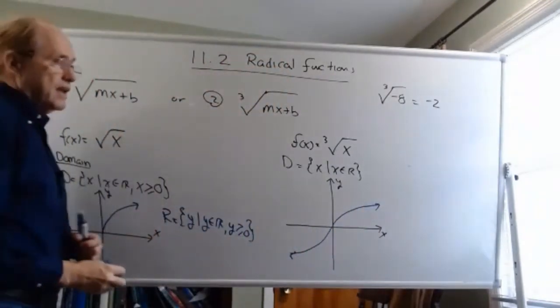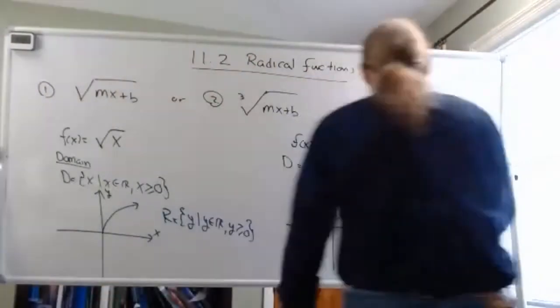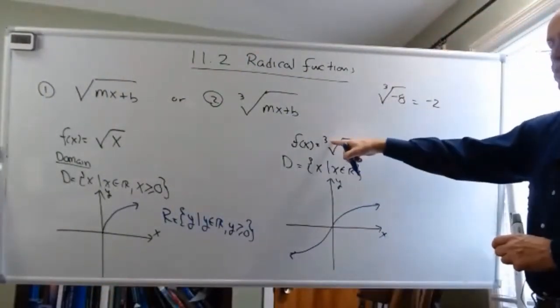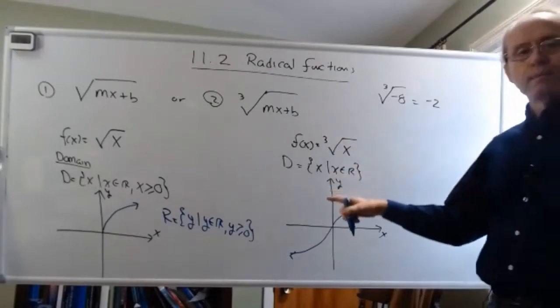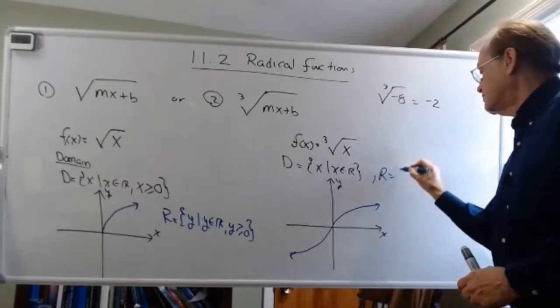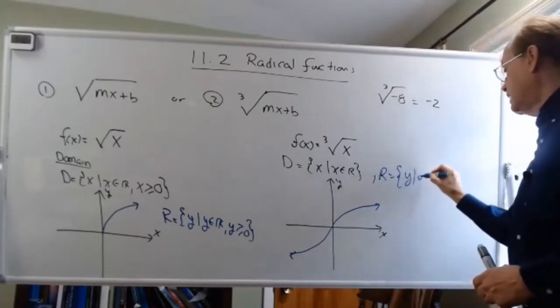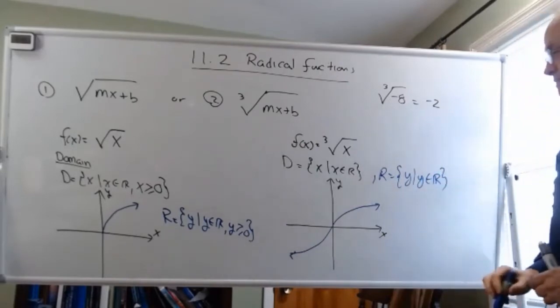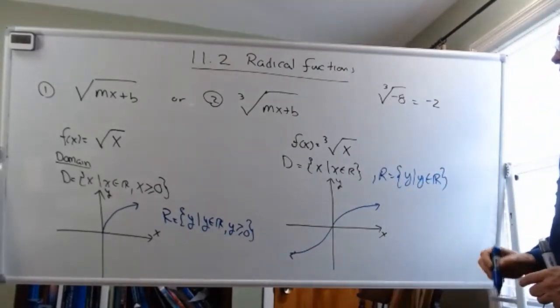In this case, the range can also be any real number. So if it's an odd exponent or a cube root, we don't have to worry about what goes in and what comes out, because the range is the same sort of thing: y is just any real number. Any real number will do.